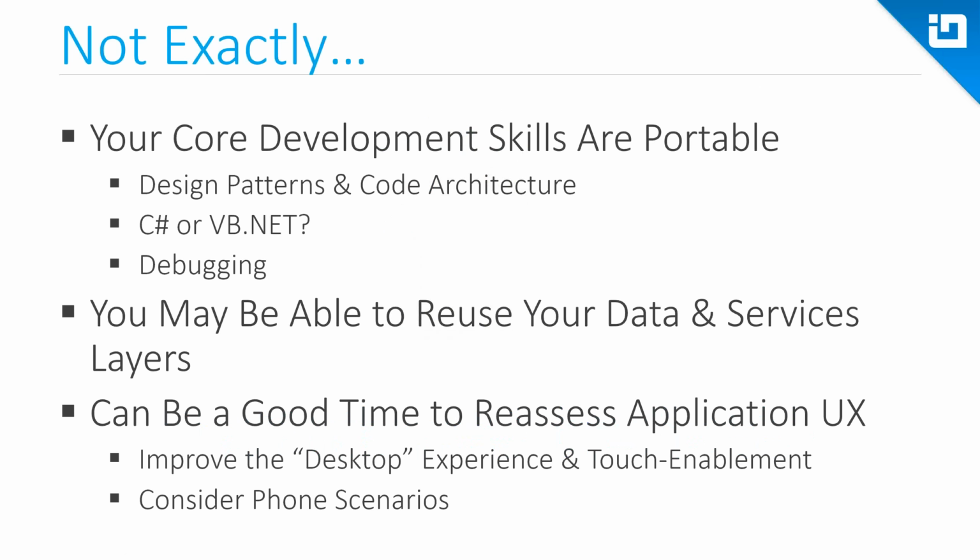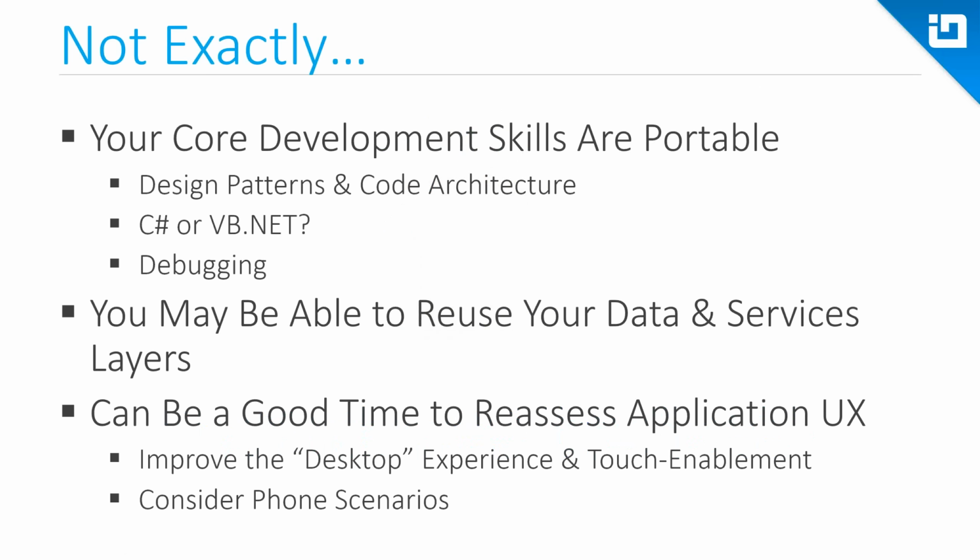And then, even though a lot of your stuff might port over, it's a good time to rethink and reassess the application UX itself. A lot of desktop applications have developed over the course of decades, and they've learned from their original inception, and they've built on top of them all these little pieces that kind of get added on.